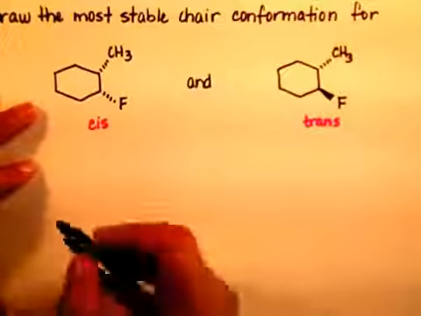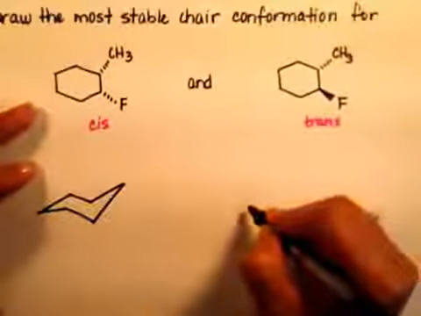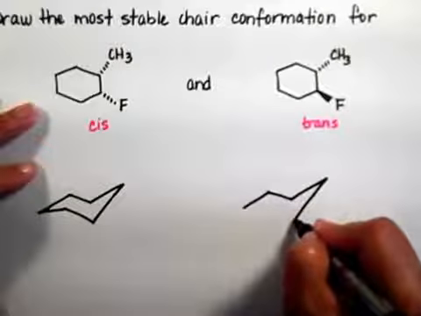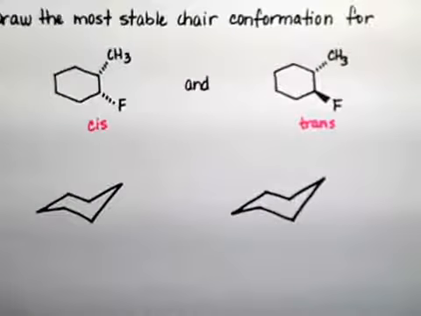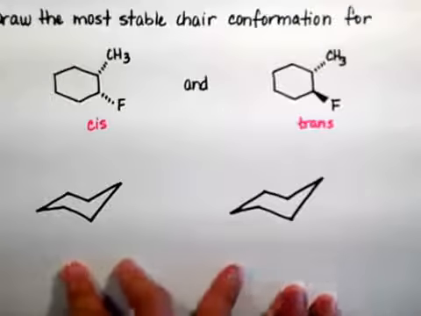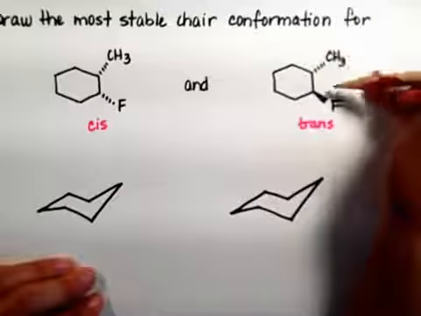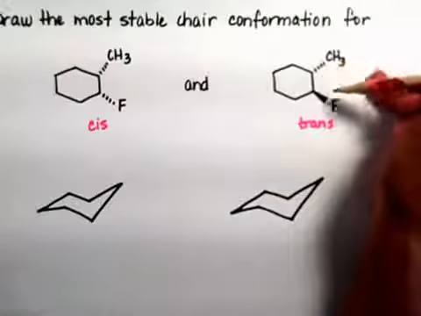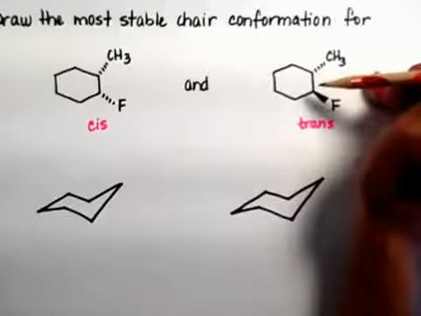And I'm going to go ahead and draw a chair. Drawing chairs requires practice, so I need you to start practicing. I want to go to the most stable chair automatically. So what I'm going to do is try to compare the size of my two substituents, because I know that the more substituents I have equatorial, the better.